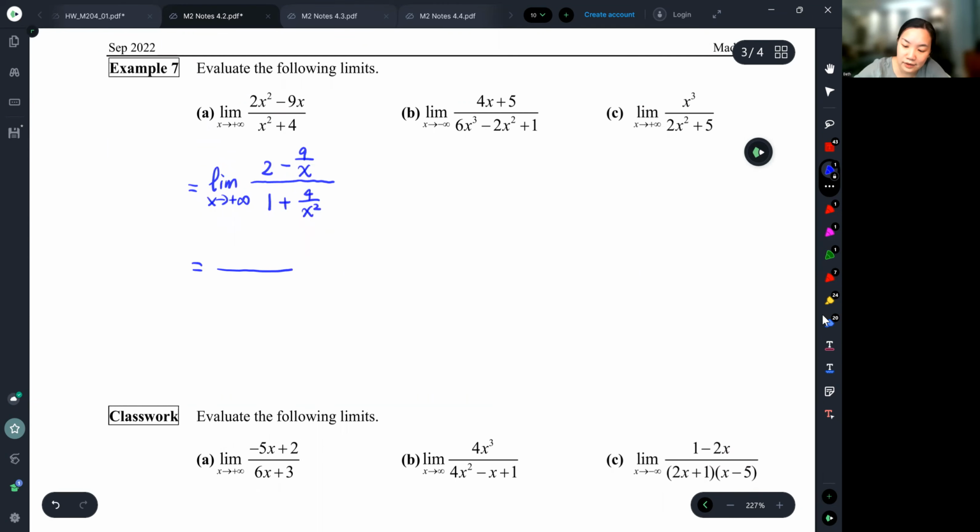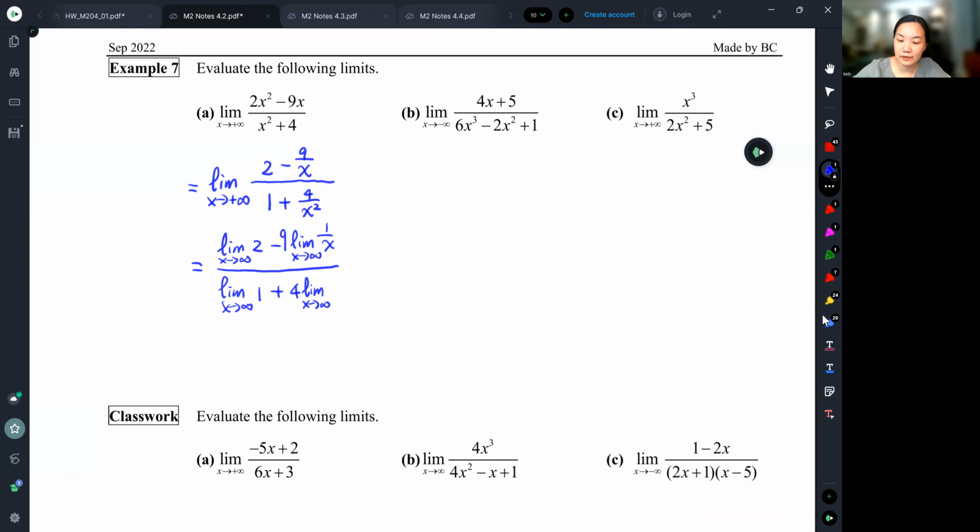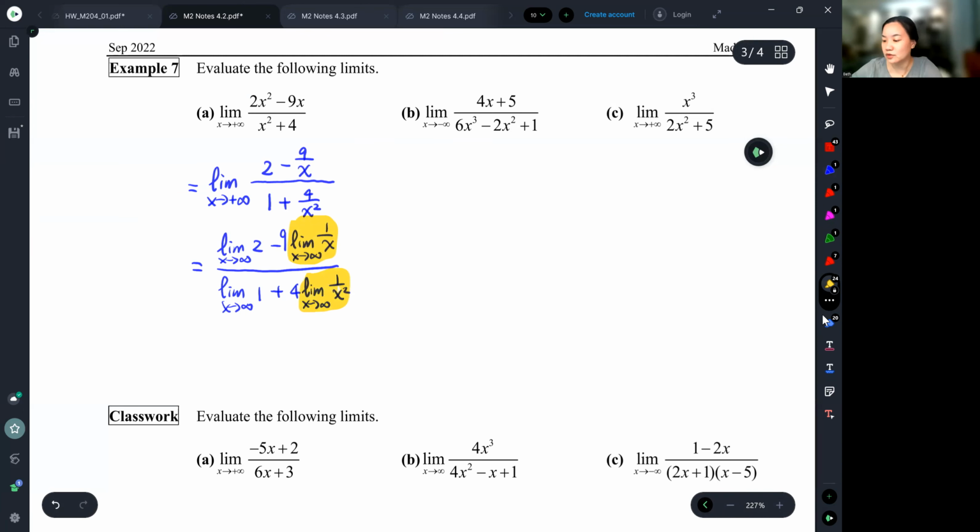I take out 9 as well, take out 4. Oh, I wrote log, it should be lim. 1 over x squared. Okay, so these are what we're most comfortable with, 1 over x, 1 over x squared. So then we can put in the values.